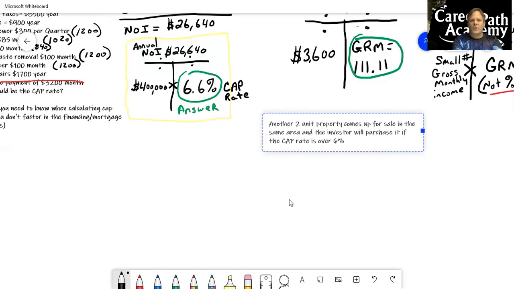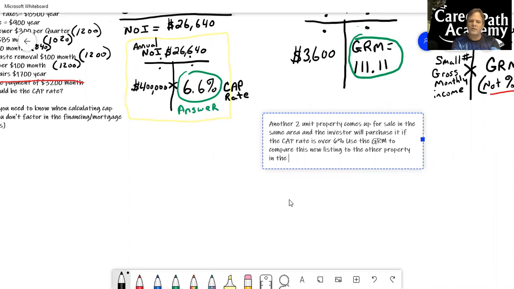So we're going to use the GRM to compare this new listing to the other property in the area, which we have all the income and expense information for.